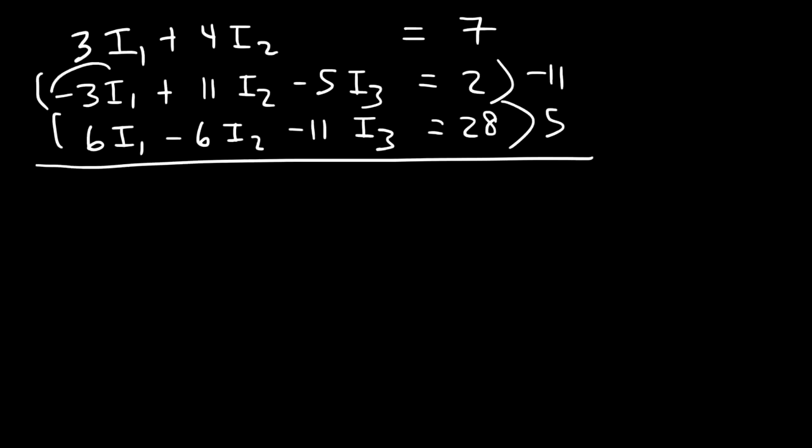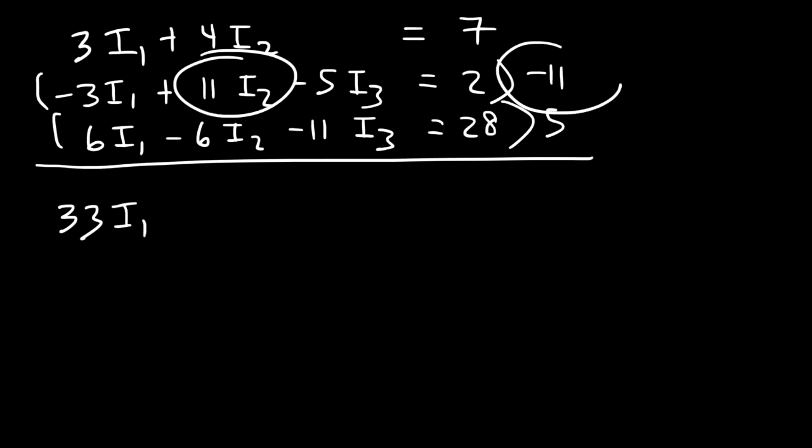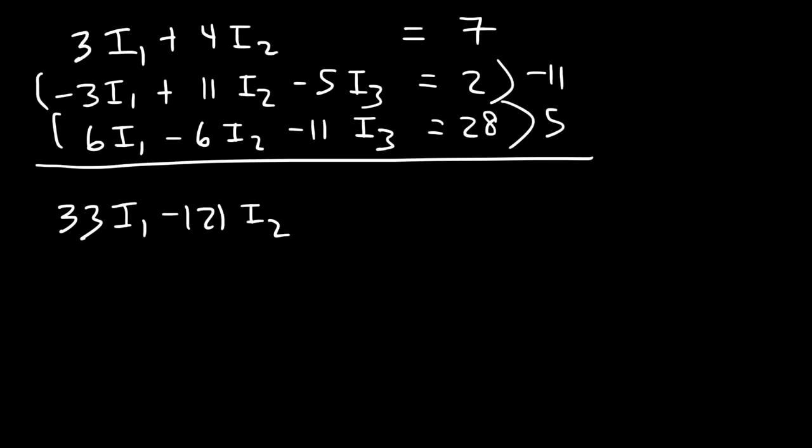So negative 3 I1 times negative 11, that's positive 33 I1. And then this times negative 11, that's going to be negative 121 I2. And negative 5 I3 times negative 11, that's positive 55 I3. And 2 times negative 11 is negative 22.